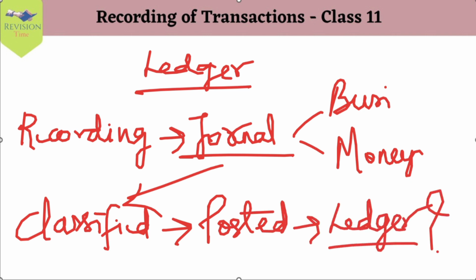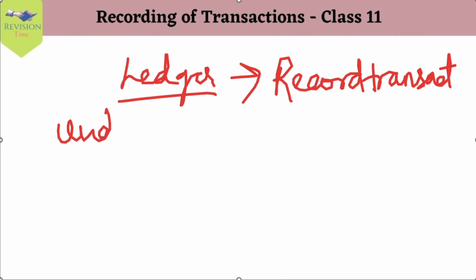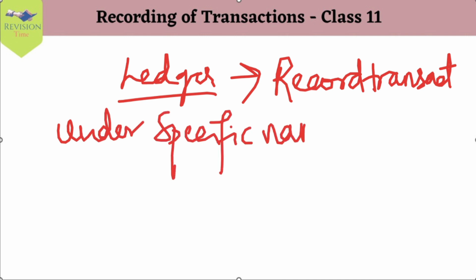Now, what is this ledger and what is the need of posting in the ledger? A ledger is basically where we record transactions under a specific name or particular account.